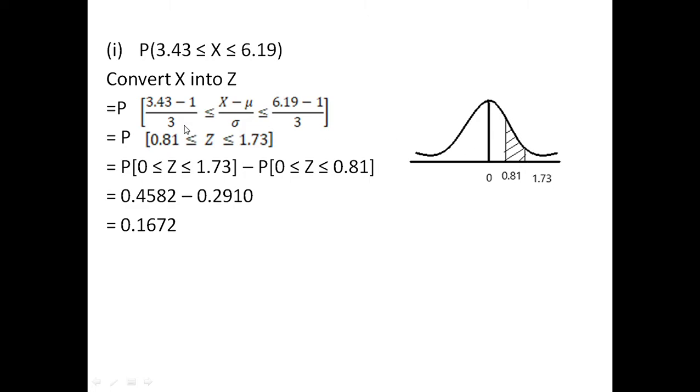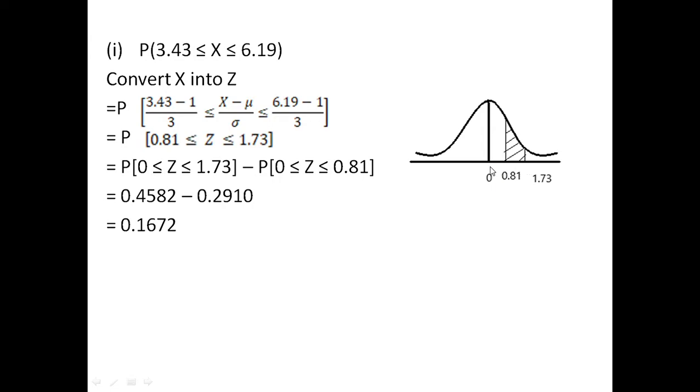By looking here, we can see that we need the area, the probability, between these two points. So how can we find it? Because the table which we have seen before always shows the probability from 0 to a specific point.